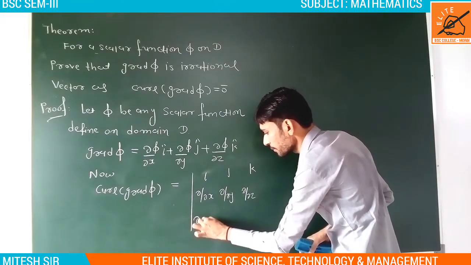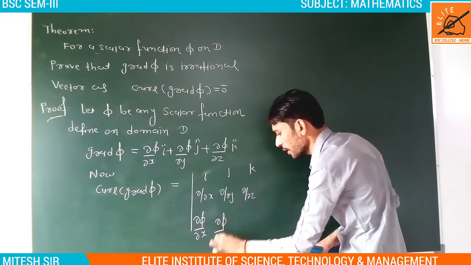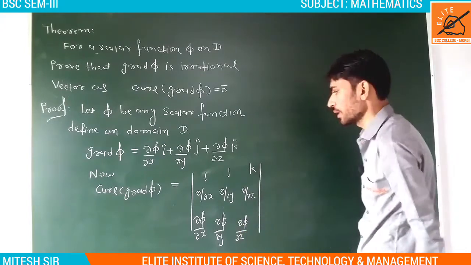So here we write del phi by del x, del phi by del y, and del phi by del z. Now just simplify that.